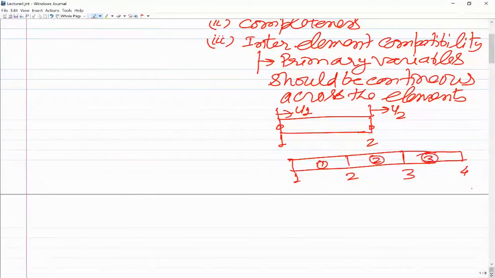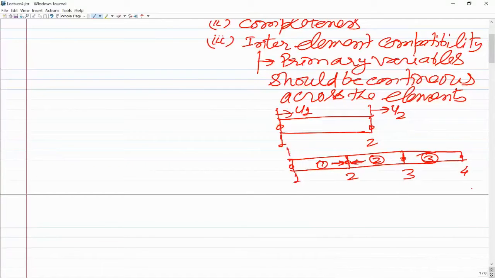Now at the common nodes, when we calculate the value of u from the first element at this node, or from the second element at the same node, at this node number 2, which is common to element 1 and 2, if we calculate u from element 1 and if we calculate the value of u at node 2 from element 2, it should be same.